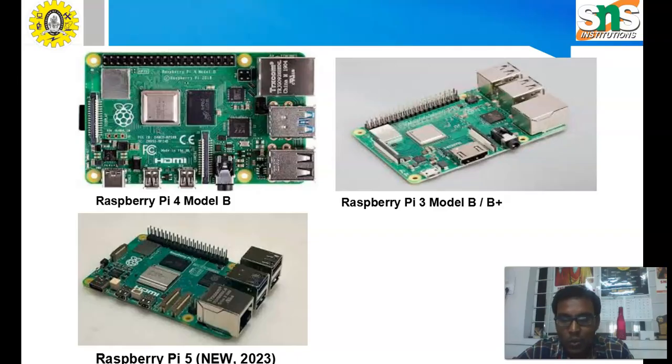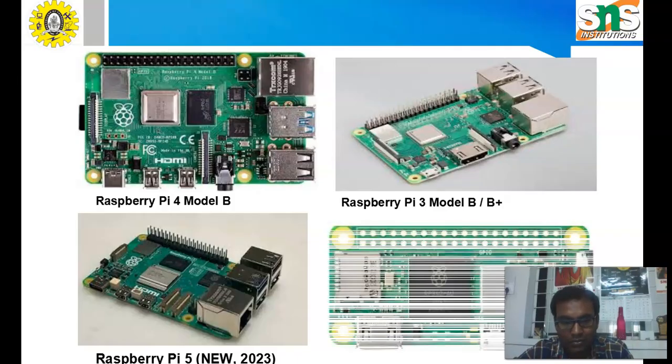And here dual 4K video support is available when compared to the previous two versions. It is majorly used in high performance edge computing and robotics applications. It is an improved model of the Pi 4 and Pi 3 models.